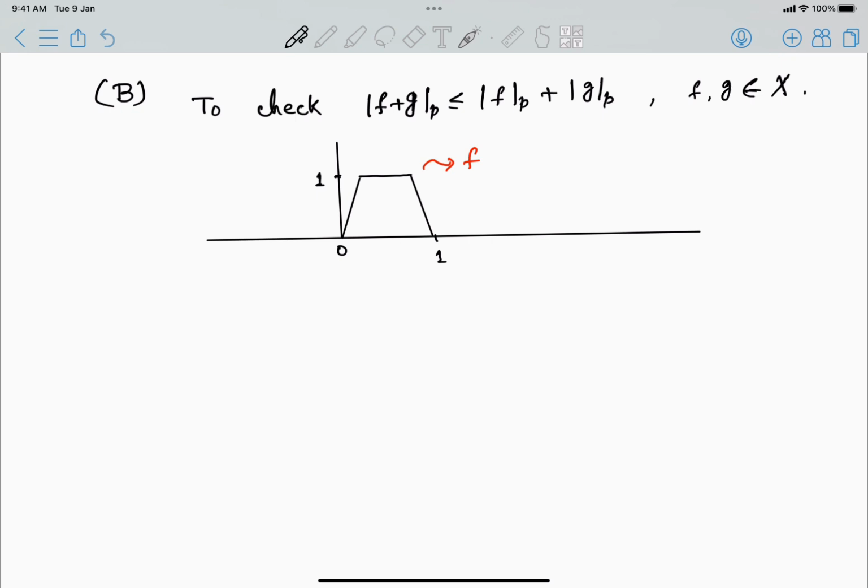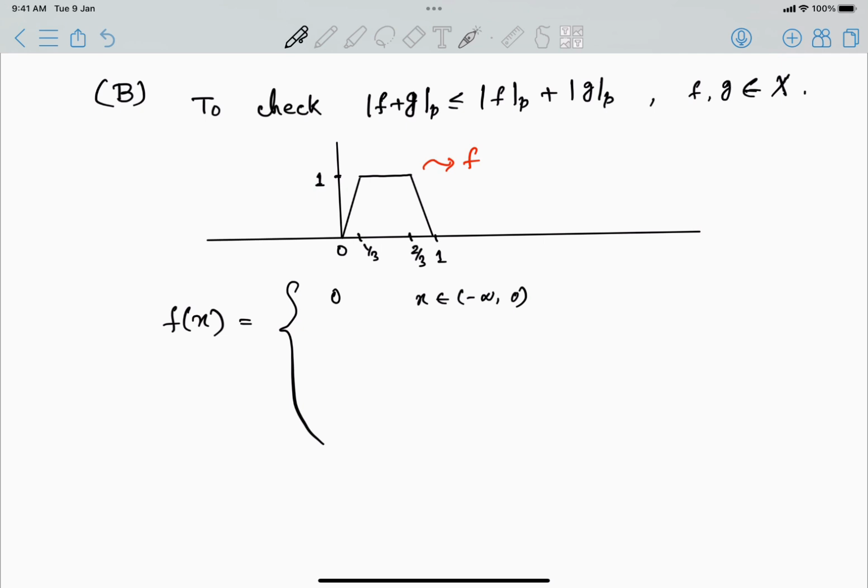Let me write. f is 0 for x belonging to (minus infinity, 0). Suppose we take this point to be 1/3, and this one 2/3, where it is 1 in between.